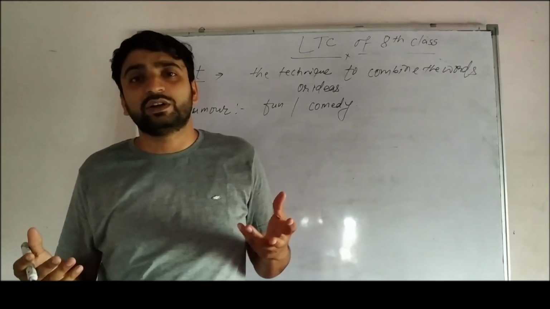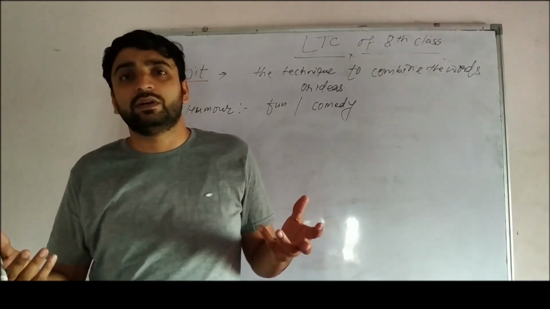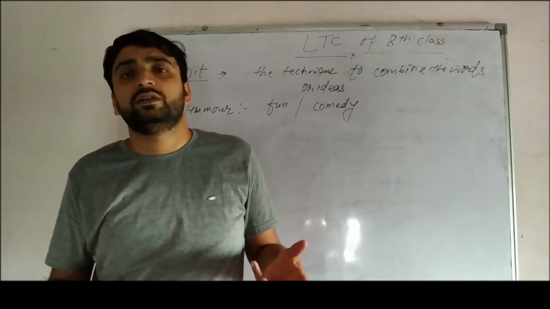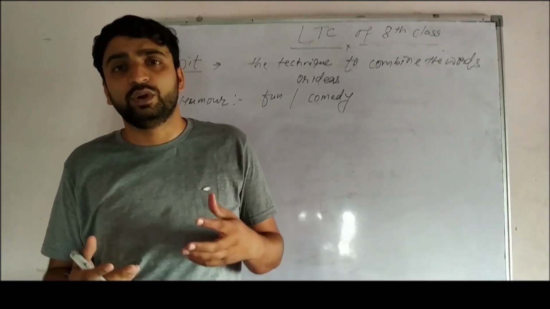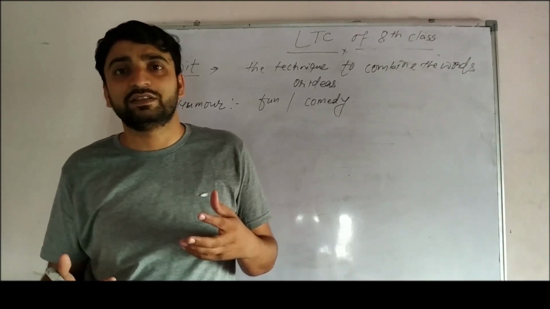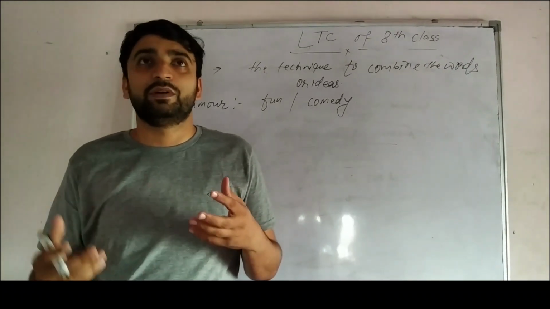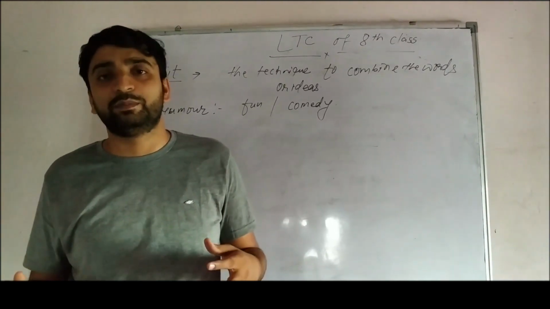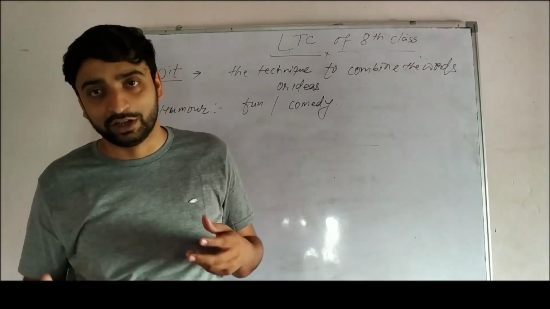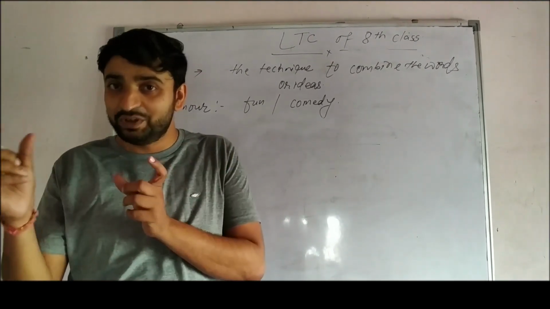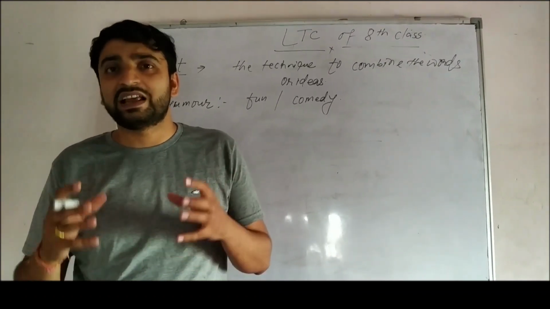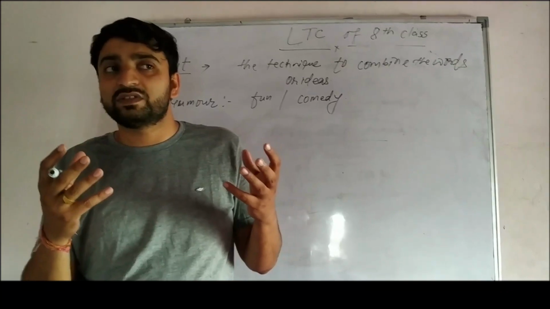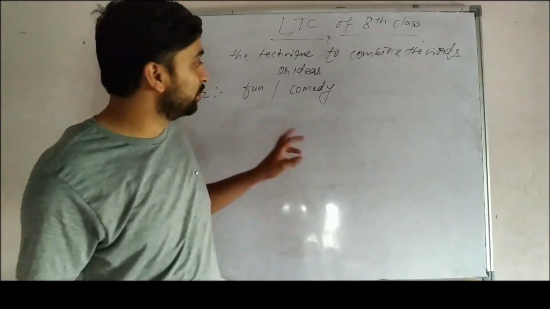When Shah Rukh Khan was asked how his relation with Salman was going on, he gave the answer that our relation was going very well and we are planning to have a baby together. That is wit and humor. त्यसले हाम्रो मुखमा, चेहरामा मुस्कान आउँछ, त्यो हो humor.